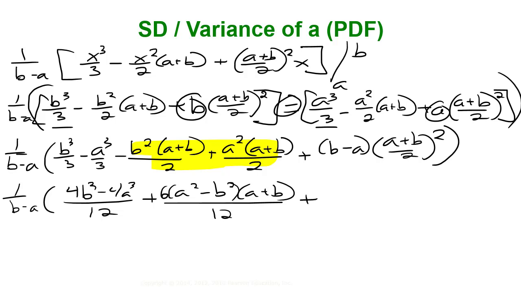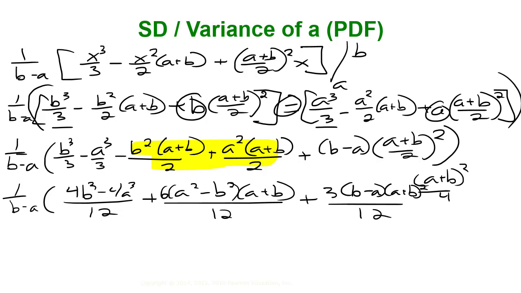And then plus, again, we need to get this over 12, but we already have this 2, and if we square it, we just get a plus b quantity squared all over 4. So we really just need a 3 to bring it up. So we're just going to have a 3 times b minus a times a plus b quantity squared, and that's all over 12.